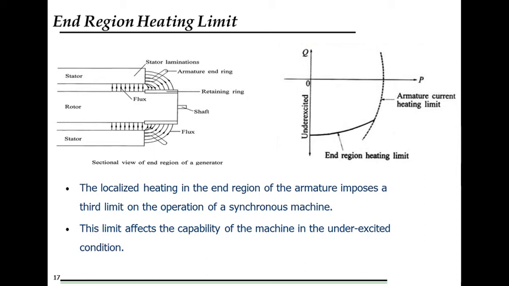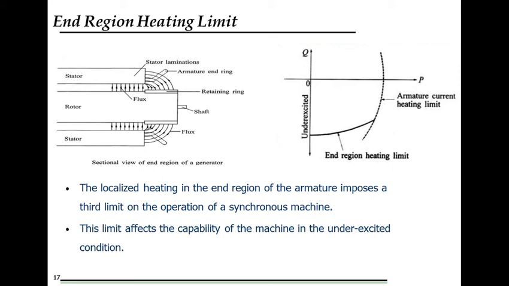Basically, the laminations of the stator core are so stacked that the air gap fluxes are parallel to the laminations. This is done to reduce the flux linking with the laminations and hence reduce the eddy current losses. But the end turn leakage flux of the armature enters and leaves the stator core perpendicularly, as shown in the figure.